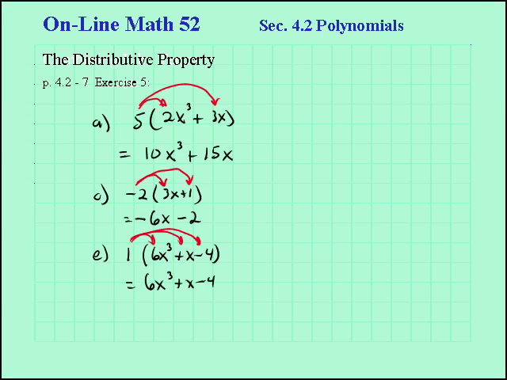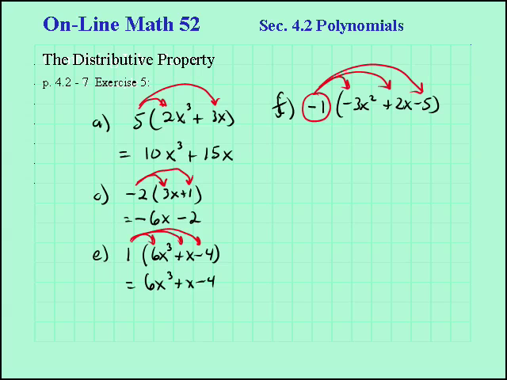Multiplying by negative 1, however, as we see in, let's skip all the way up to letter I, exercise I. Oh, you know what? No, I'm going to do letter F first, which is negative 1 times negative 3x squared plus 2x minus 5. We're going to distribute all of negative 1 to each of these.